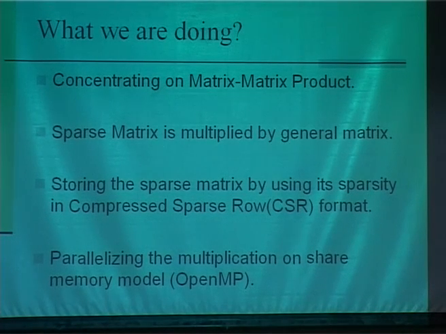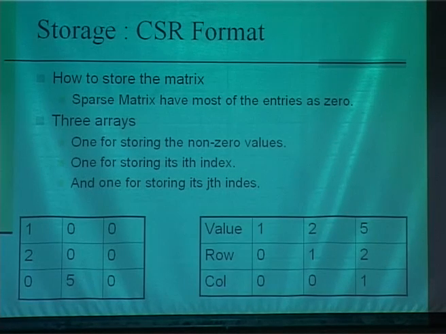First of all I store the matrix in a compressed sparse row format, then do a sequential multiplication, and then parallelize the multiplication through OpenMP. So what is CSR format? Compressed sparse row format. Sparse matrices have a lot of entries as zeros.